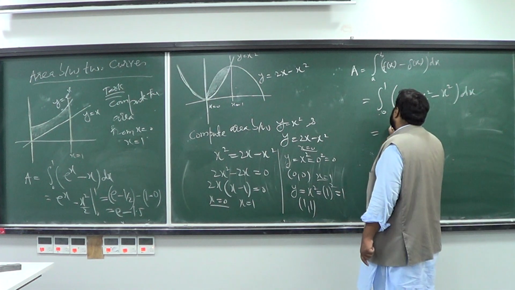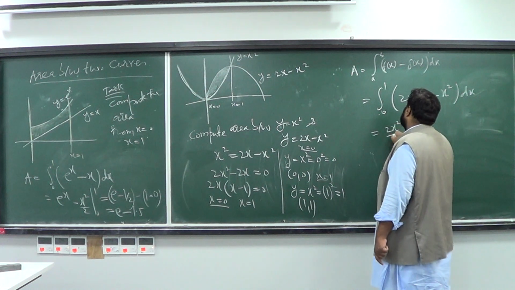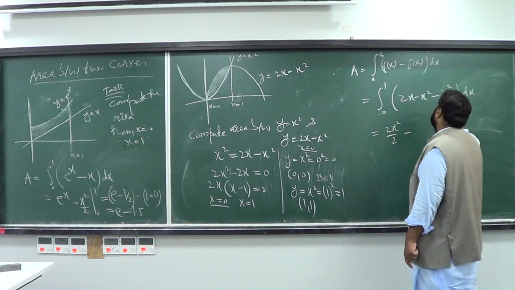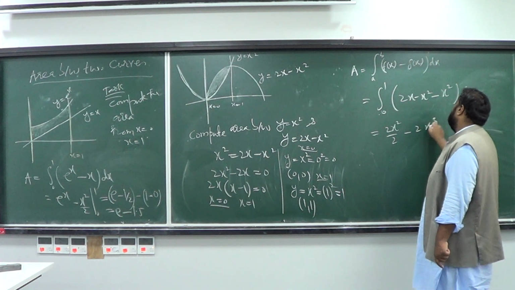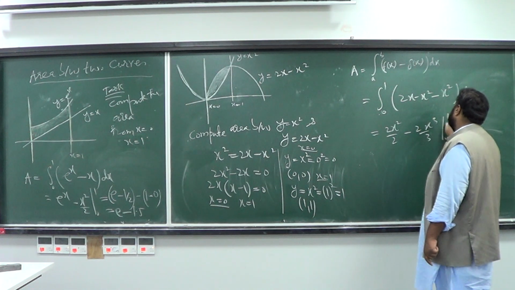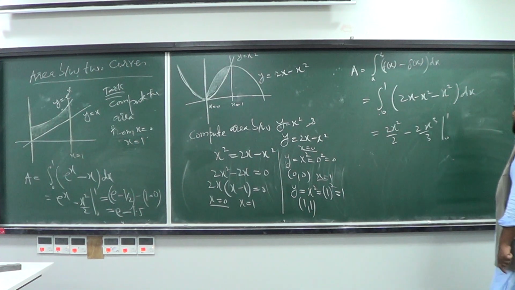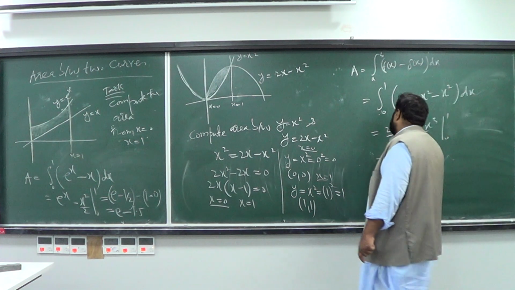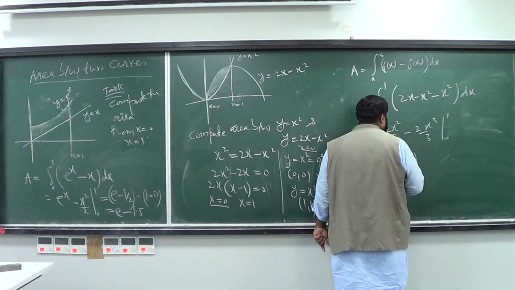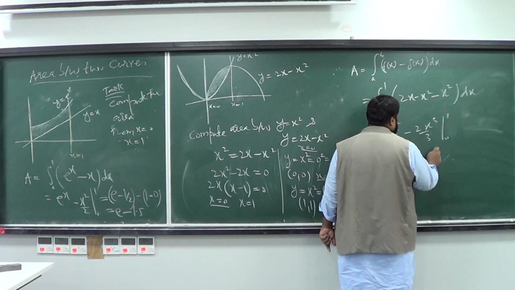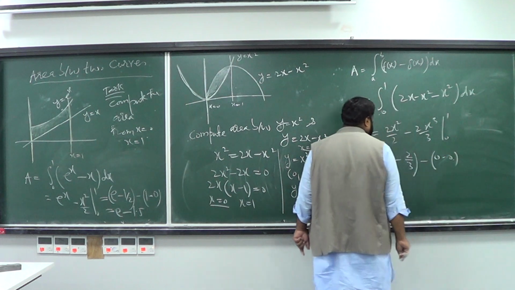And then simply integrate this function. We know that we can integrate it as 2x squared by 2. This will become x squared. So this is going to be x squared minus 2x cubed upon 3, and then substitute 0 to 1. When you substitute 1, you get 1 minus 2/3. And minus, when you substitute the lower limit, you get 0 minus 0.